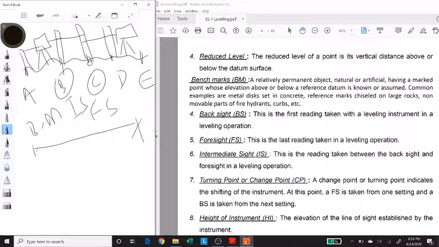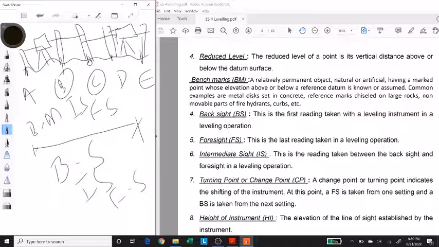Now, this reading at the point C will now become my backsight. And then the reading at the point D will be the intersight. And the reading at the last point E will be the foresight. Now, this point C is called the change point because I am taking two readings at this point, one foresight and one backsight.